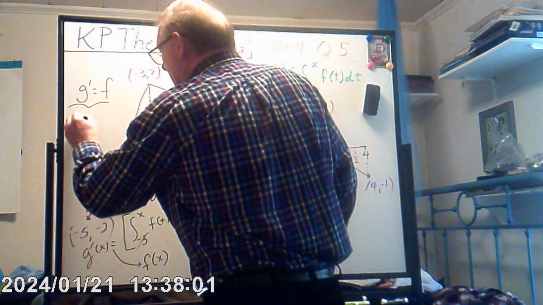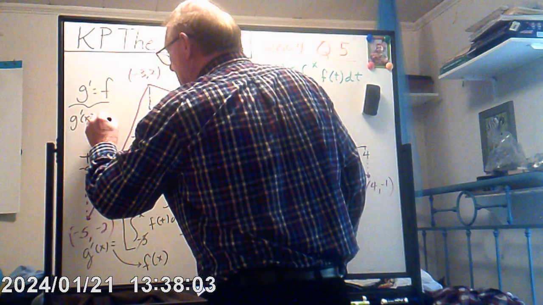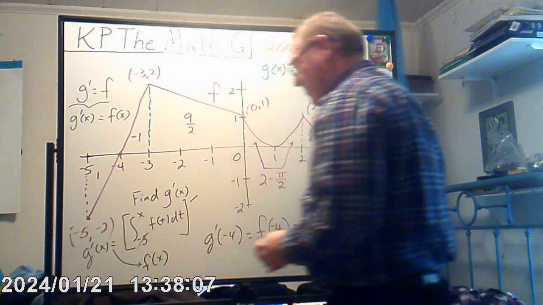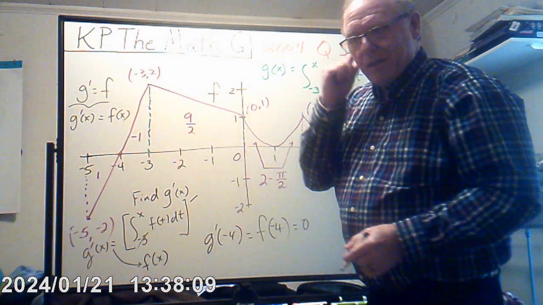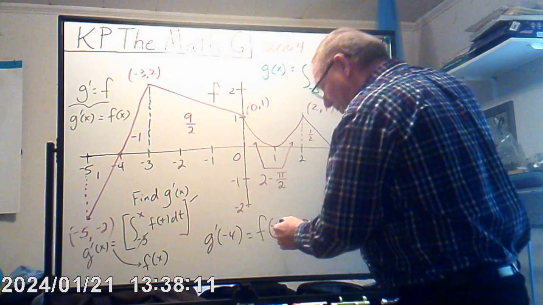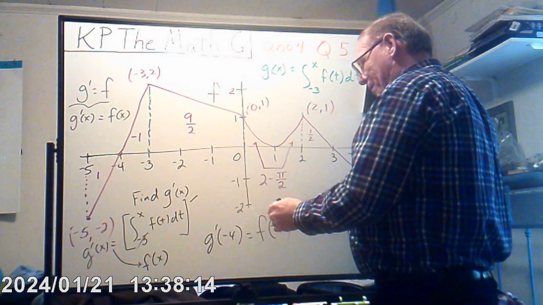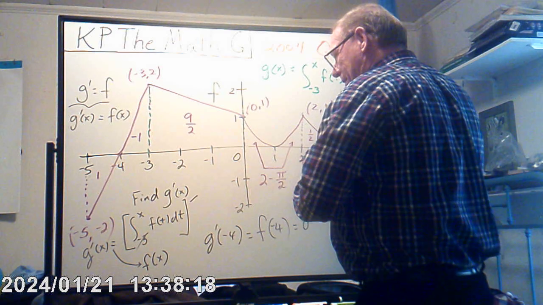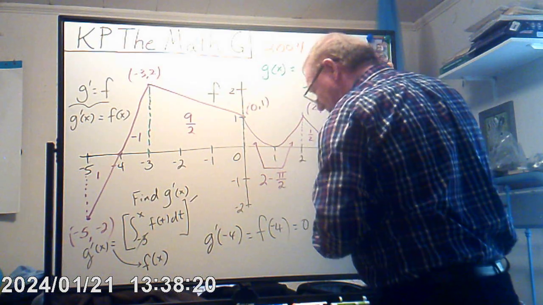If you want to say g prime at x equals f at x, either way you're saying the exact same thing. So g prime at -4 is the same as f at -4, and that is 0. That's really all you have to do.